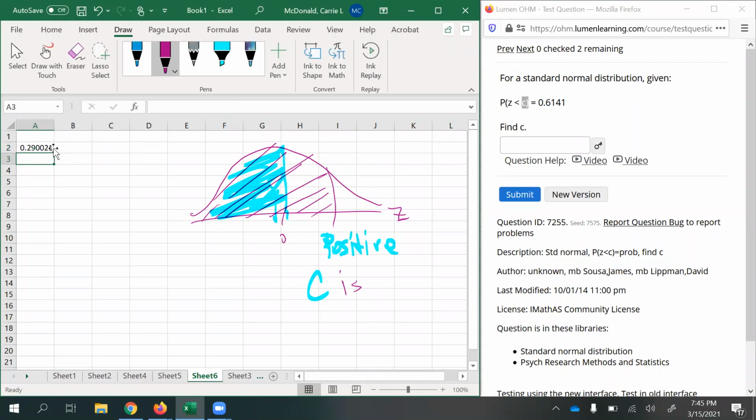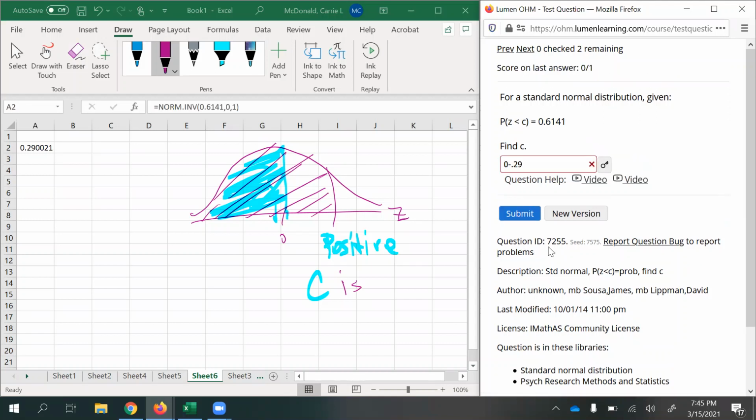So there's my answer for that. So C would have to be positive 0.29 approximately. And I accidentally put in a little negative symbol there. There we go. Okay.